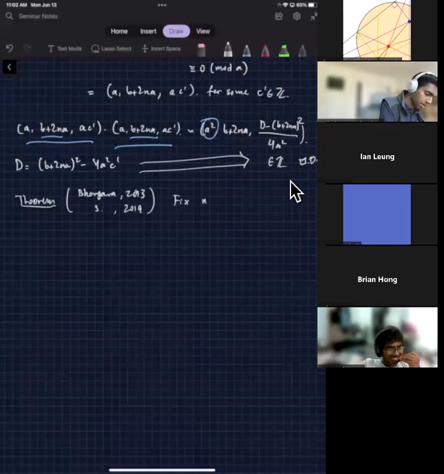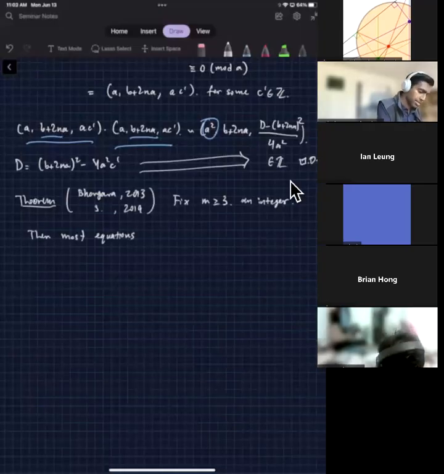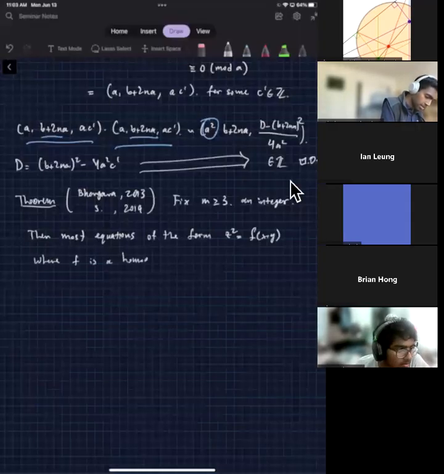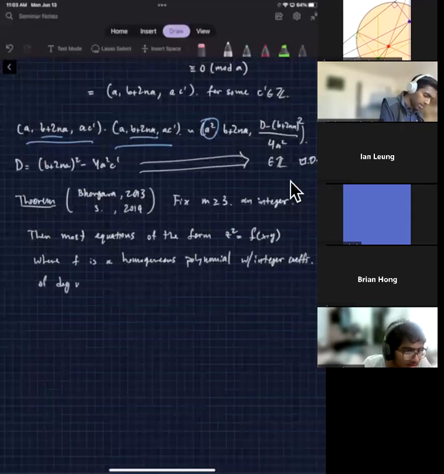So fix an integer m at least 3, then most equations of the form z squared equals f of x comma y, where f is a homogeneous polynomial with integer coefficients of degree m, have no solutions. Most of these equations have no solutions.